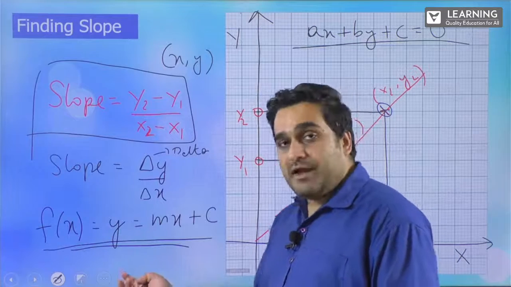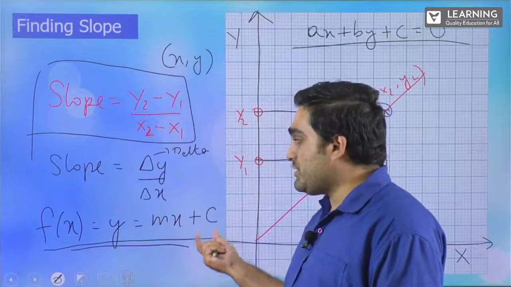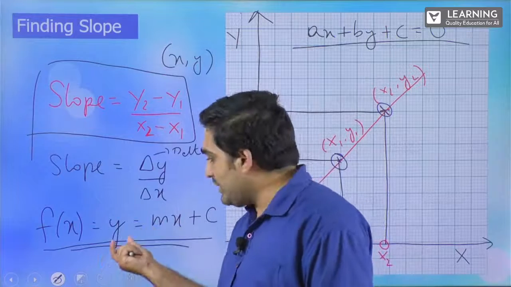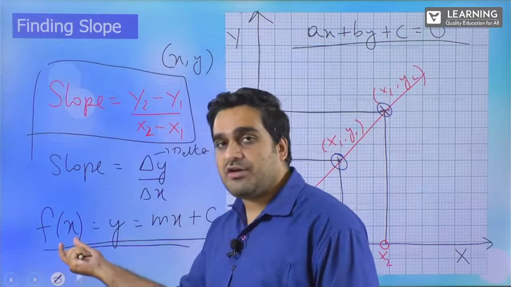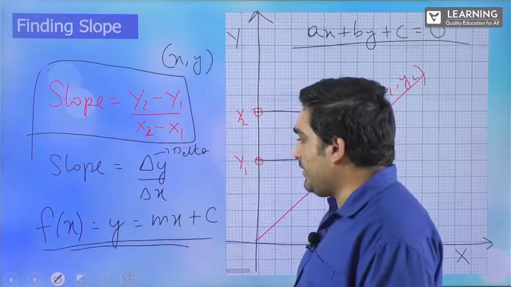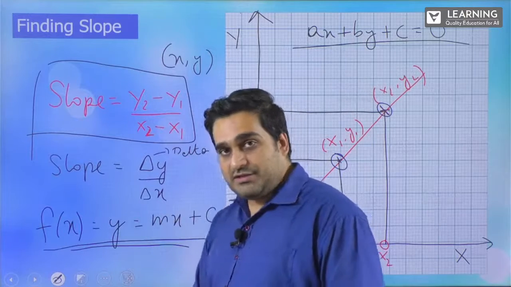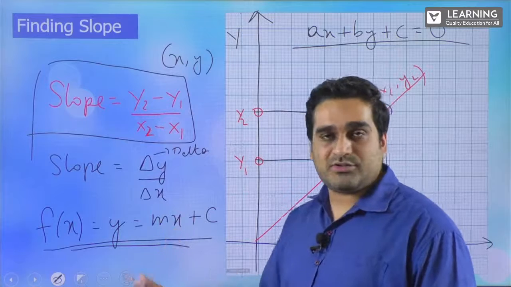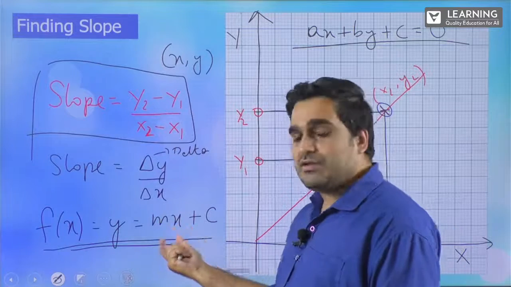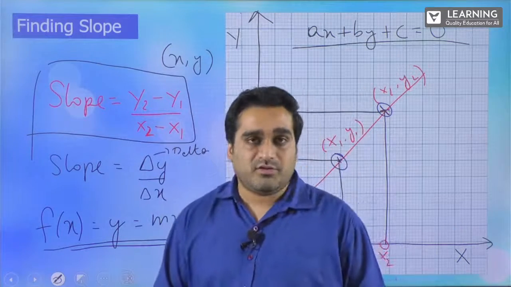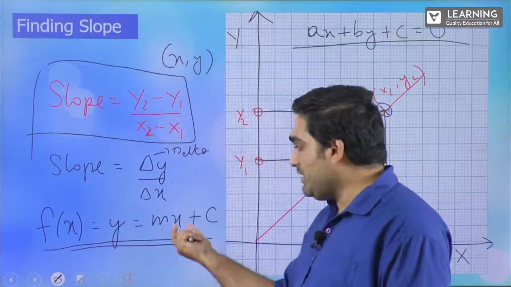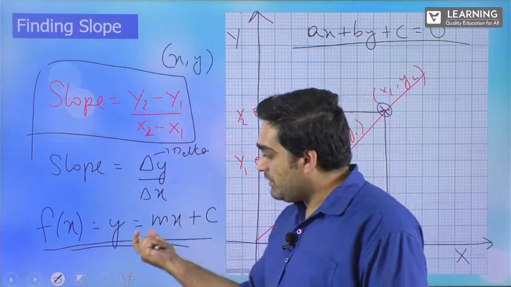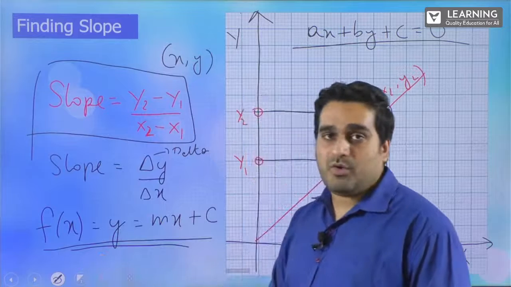But here I've written y equals mx plus c to show you that y is a function of x. If it is a function of x, it means y is dependent on x. But x, as we know, is not dependent on y. So this becomes an independent variable, and this becomes a dependent variable.